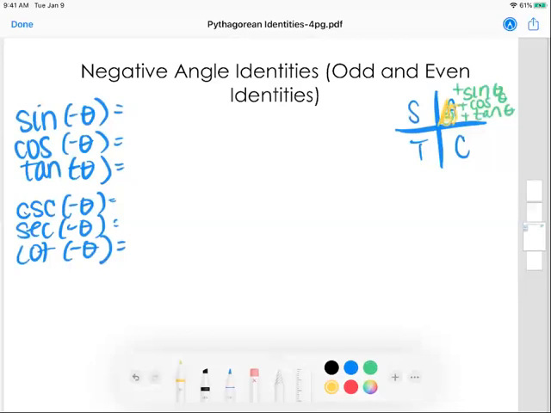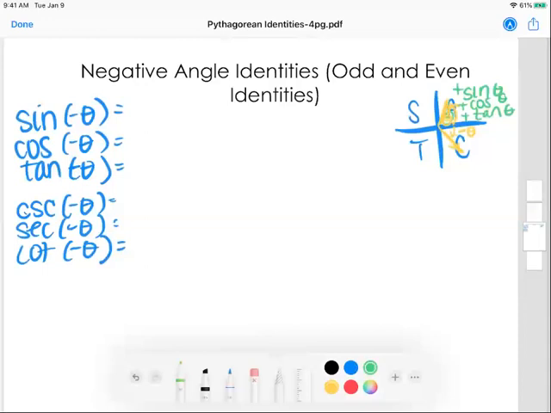But if I think about negative theta, negative theta is going to rotate clockwise. So this would be negative theta. Negative theta would rotate in this direction. And in that fourth quadrant, only cosine is positive.